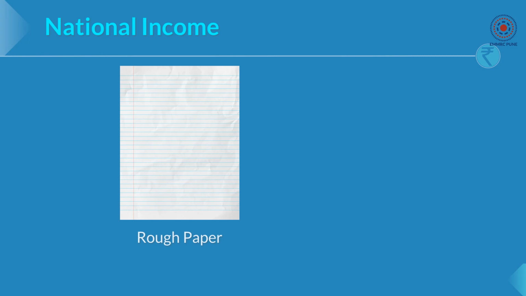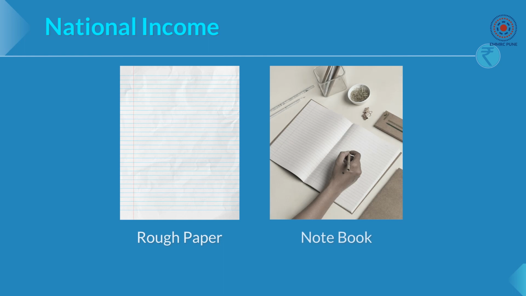Another example is, if a particular type of stationery like paper is used by students or in office, then it is the final product. On the other hand, if the same product is used in a book or in a notebook, then it becomes an intermediary product. Another difficulty is to adjust the change in price while computing the national income.